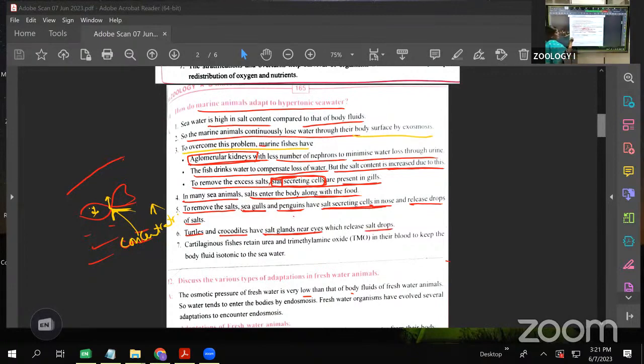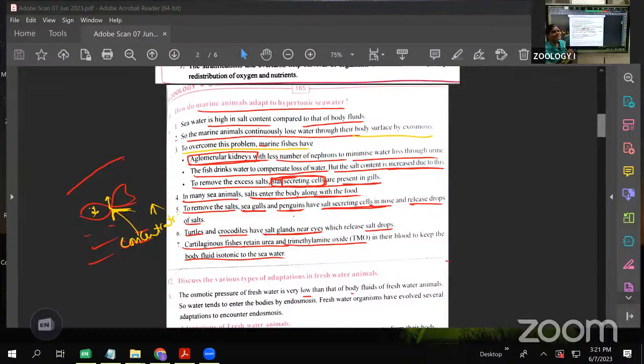Next, the last one: cartilaginous fishes. They keep urea and trimethylamine oxide in the blood to keep the body fluid isotonic. These are actually excretory products in other animals, but they keep them inside the body for compensation, because the outside water has more salt.